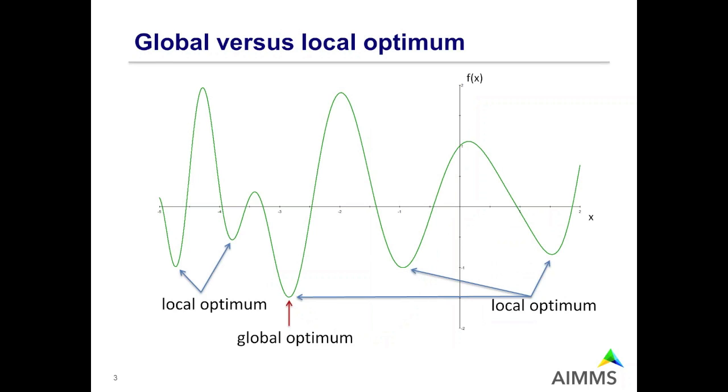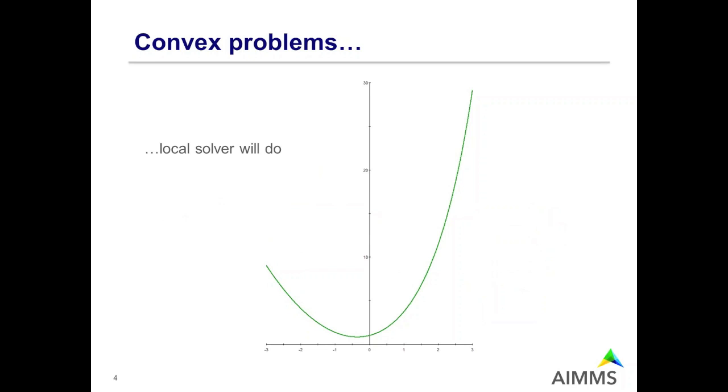This presentation will of course talk about multistart. For the special case of convex nonlinear problems, a local solver will do. In that case you don't need a global solver, and you don't need to use multistart, because we only have one local solution which the local solver will find, and that's of course also the global optimum.